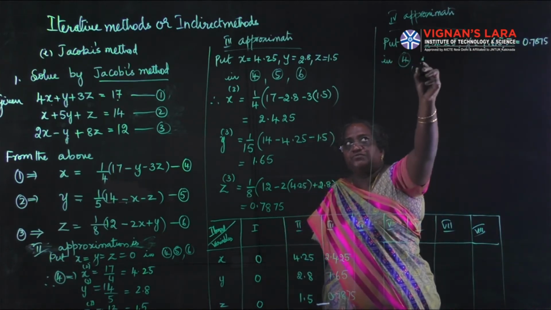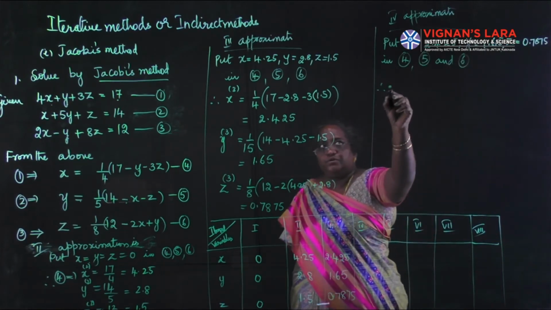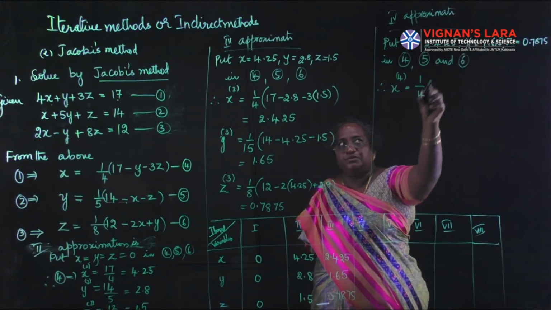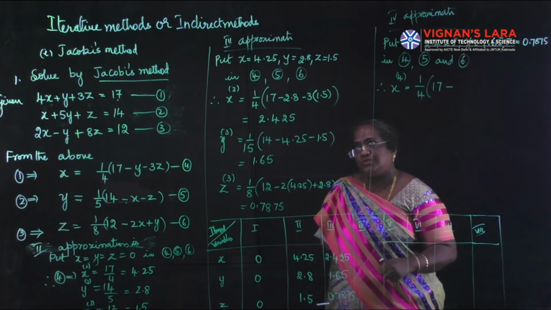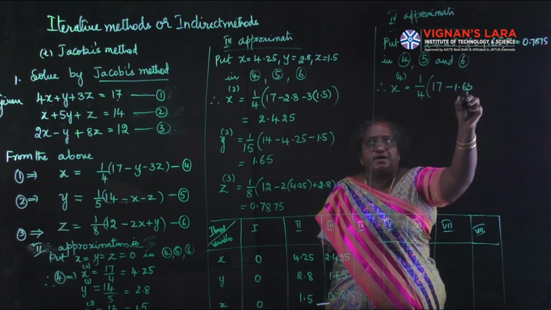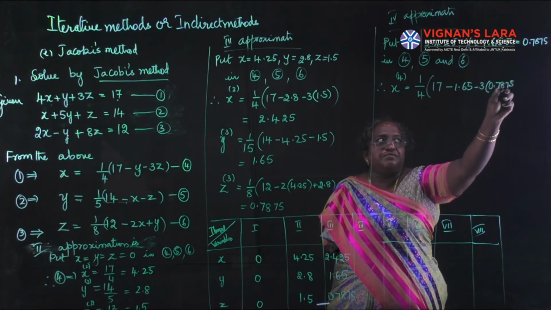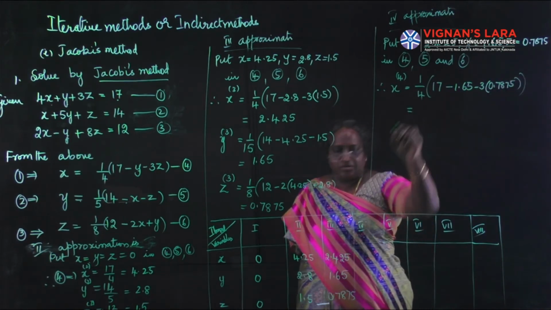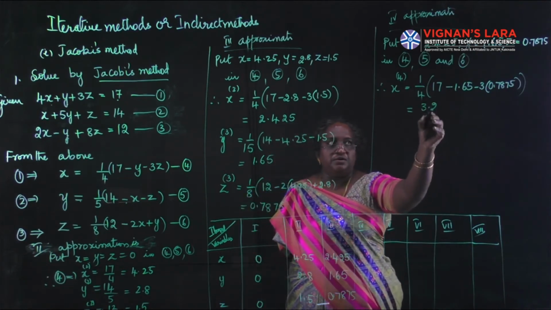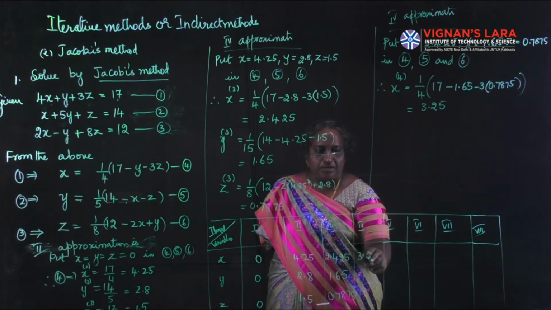In equations 4, 5 and 6. Therefore, fourth approximation of x is equal to 1 by 4 into 17 minus y, here y is 1.65, minus 3 times z, 0.7875. So now you will get the value as 3.25. So here we will note down 3.25.